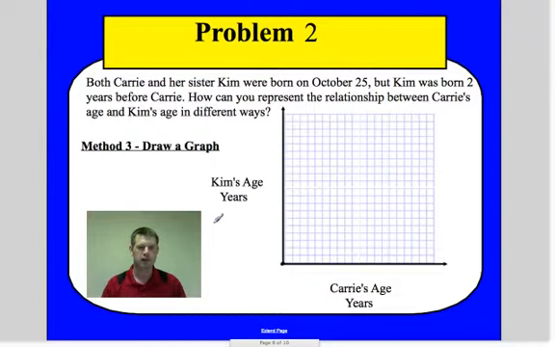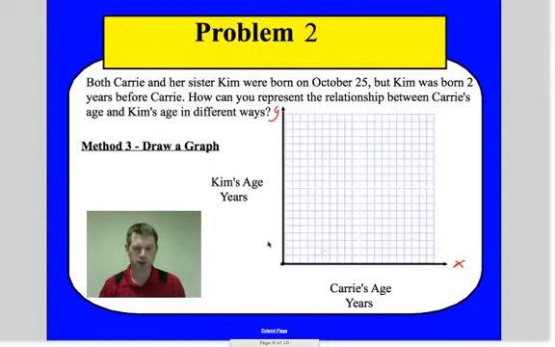Okay, method 3 here is using a graph. So here we have a Cartesian plane. That's what this is called, a Cartesian plane. I went ahead and put Kim's age here on the y-axis, okay, and Carrie's age on the x-axis, so it fits. Okay, so I'll go ahead and fill in the x and y there. So there's those variables there.